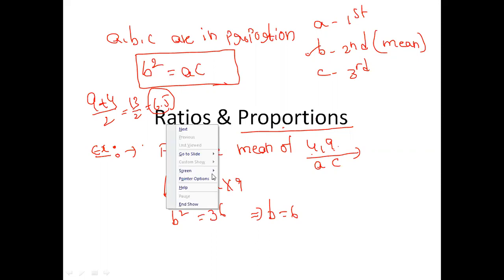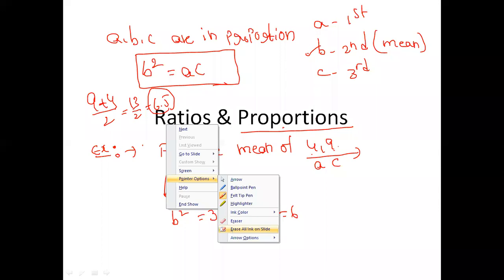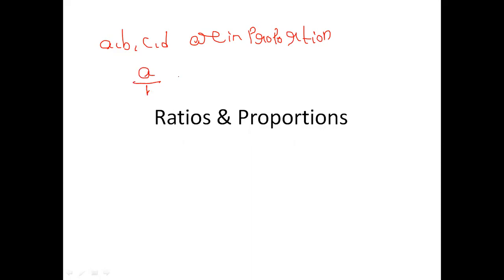Let me help you to answer what if four numbers are in proportion. Understand, if four numbers A comma B comma C comma D are in proportion, then the relation between them is given by A by B is equal to C by D. If you cross multiply, you can write it as AD is equal to BC.